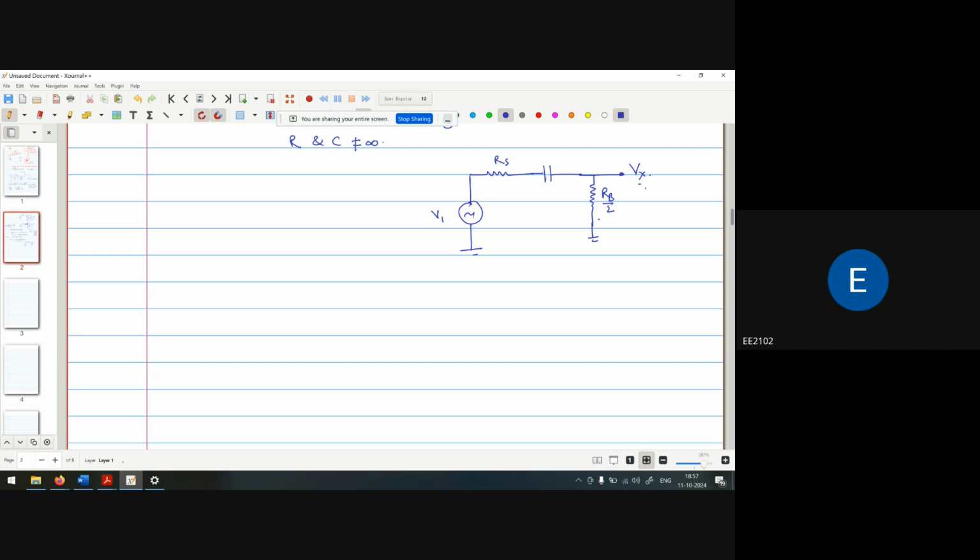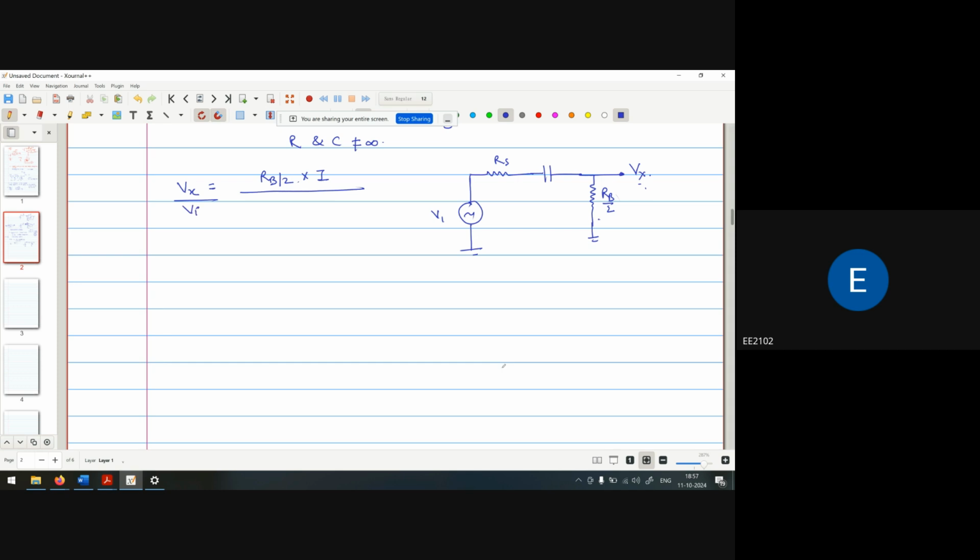Now, if we apply the output upon input, what is the output Vx? That is the voltage drop across this resistance, multiplied by I. And what is the input Vi?